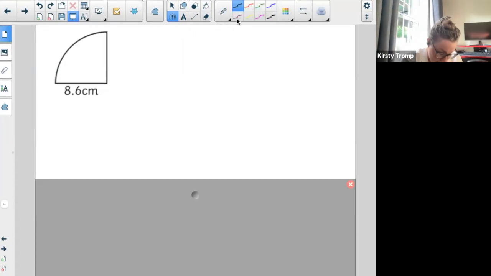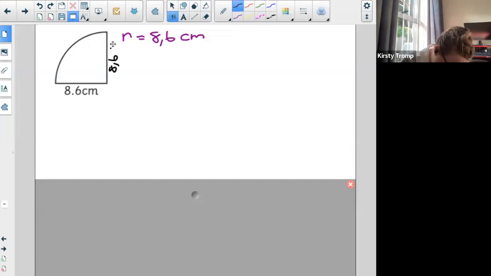So they've given us the radius and they told us it was 8,6 centimeters. Guys, if that's the radius on that side, do you agree that the radius on this side is also going to be 8,6 centimeters? How do I know that? Because the distance from the center to the edge is going to be the same all the way around the circle. Okay.